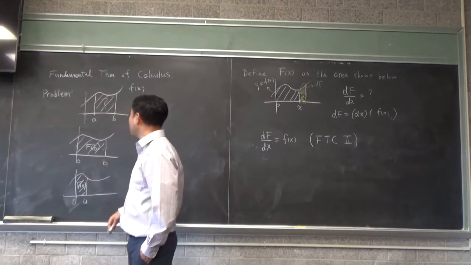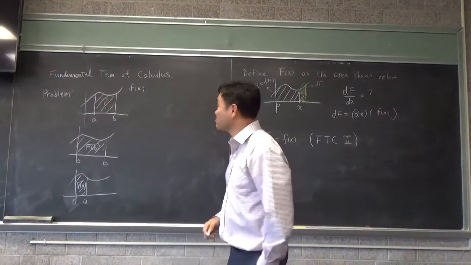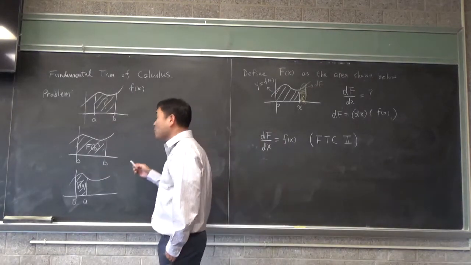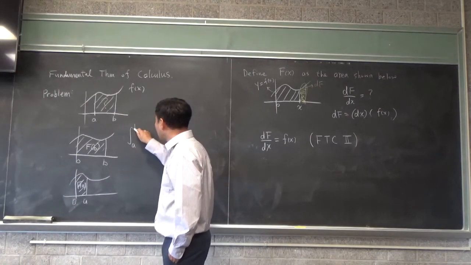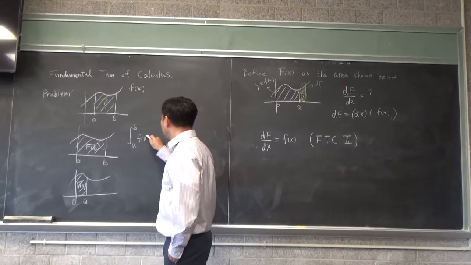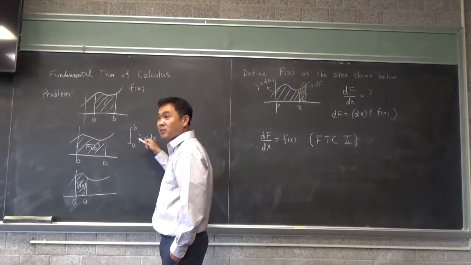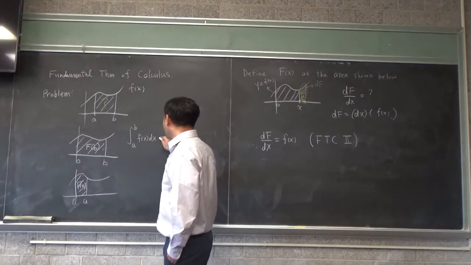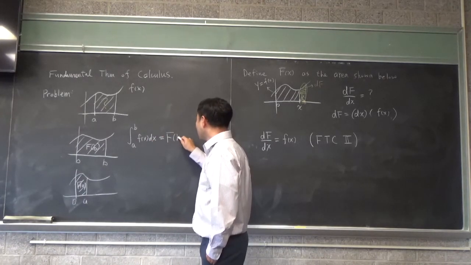Once I have this and this, how can we get this area? That's exactly right. Okay. So what we just proved is that if you want the area from a to b, f of x dx, then all you have to do is subtract.